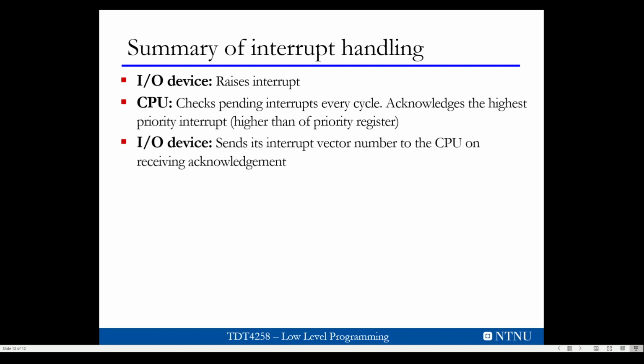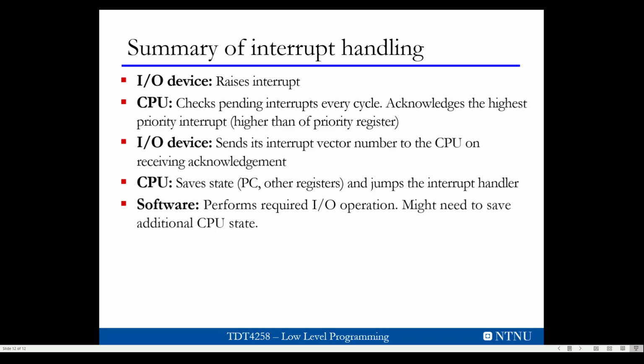Then the device, upon receiving the acknowledgement, sends the interrupt vector number that the CPU should jump to for servicing this device. Then upon receiving this number, the CPU saves the state, for example the PC, registers, and so on, and jumps to the interrupt handler itself.